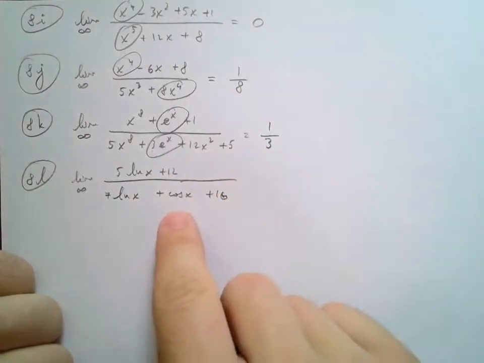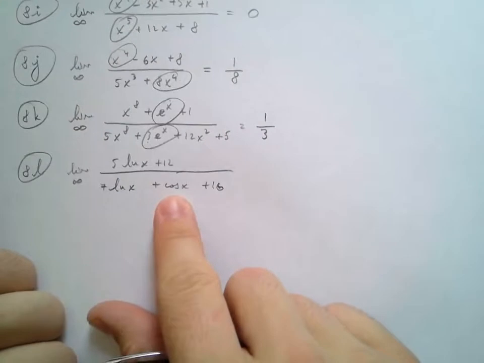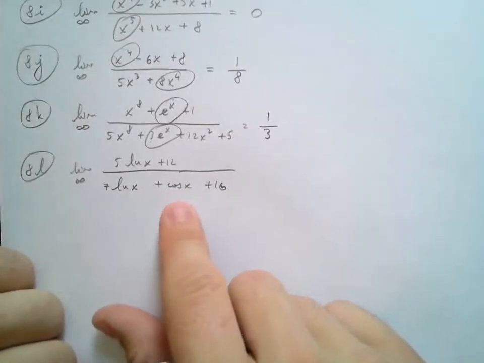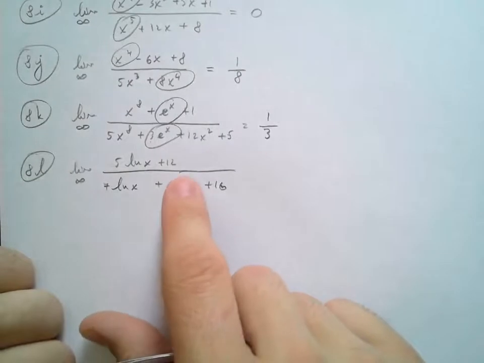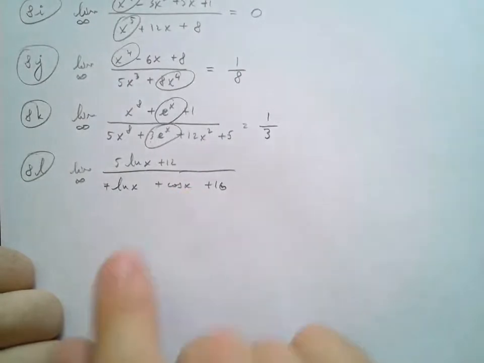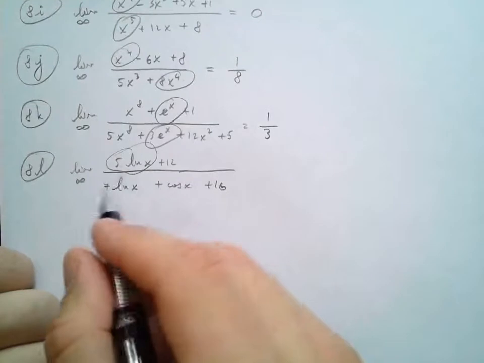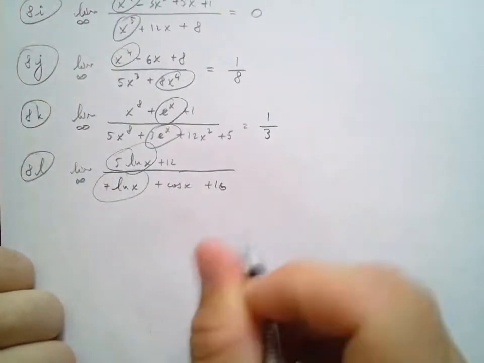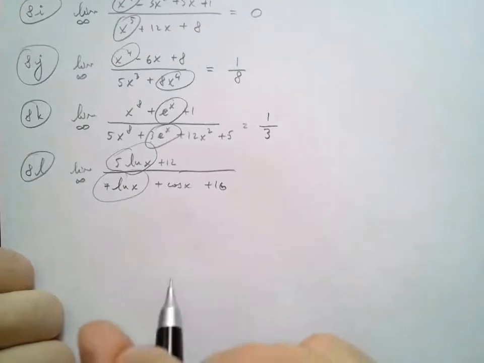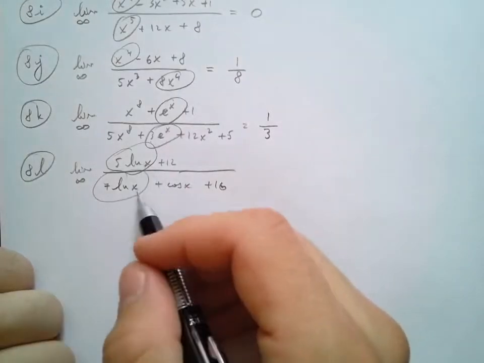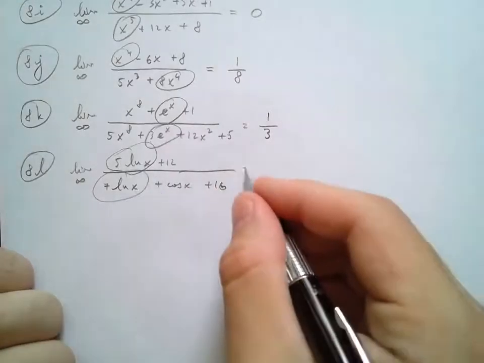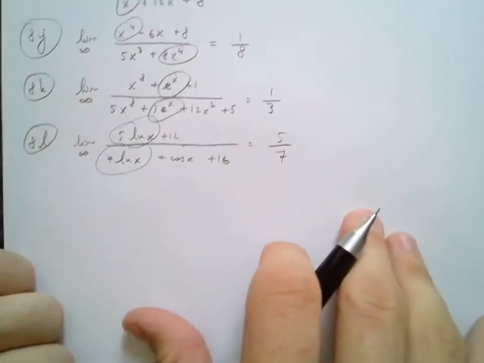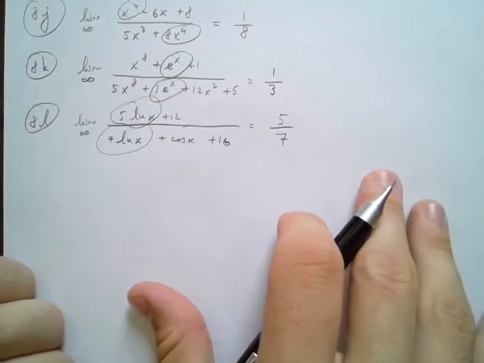Now the cosine of x might be a little bit confusing, but the cosine function stays between plus and minus 1, so it's actually not going to do anything too interesting as x goes to infinity, and therefore the leading terms come from these natural log functions, which do go to infinity as x approaches infinity. They are of the same order, so again I can take the lead coefficients, take the ratio, and that is going to be my limit, 5/7.